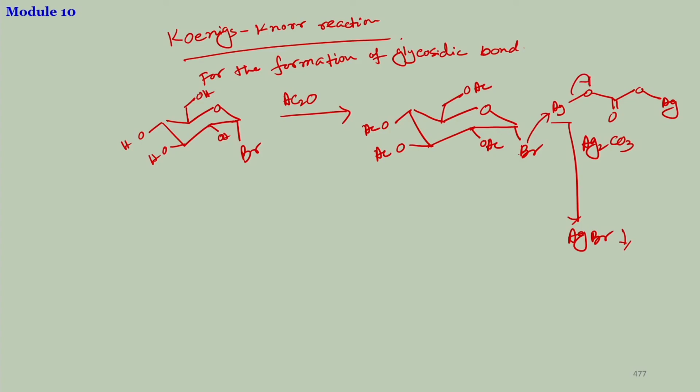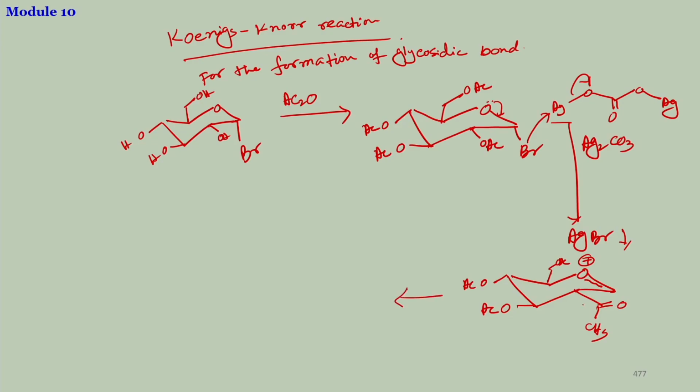Since the Br minus is getting out, this will create a positive charge on this carbon, that will be to some extent compensated by the lone pair of oxygen, and you will form this complex, with OAc, OAc, OAc.